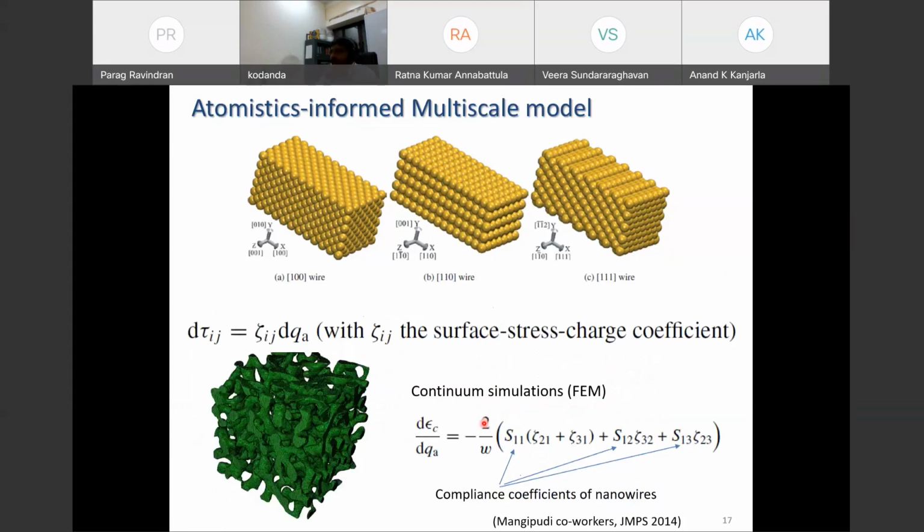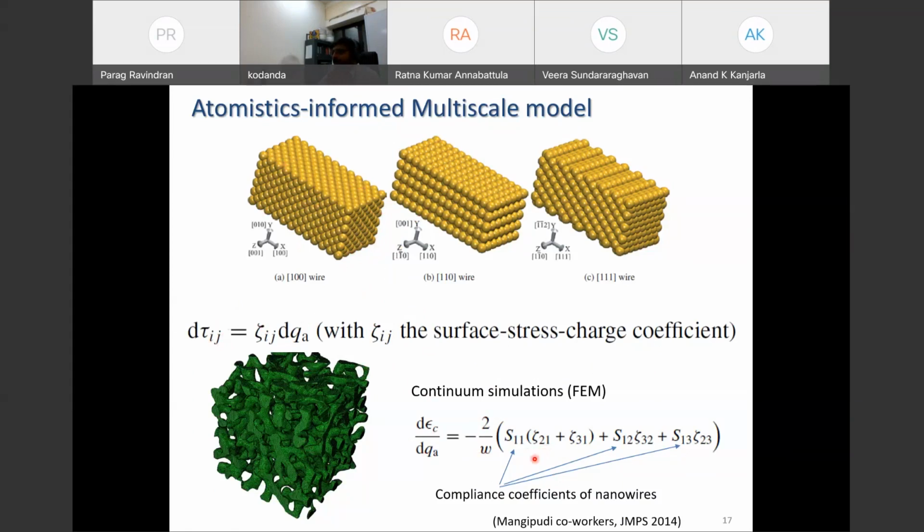While doing it, what I have actually skipped here is that when we do these simulations, we cannot directly measure the strain, because if you take finite size samples, that gives us trouble. So what we do is take nanowires with periodicity and then fix the strain. Then for a given charge, we measure the stresses through these simulations.